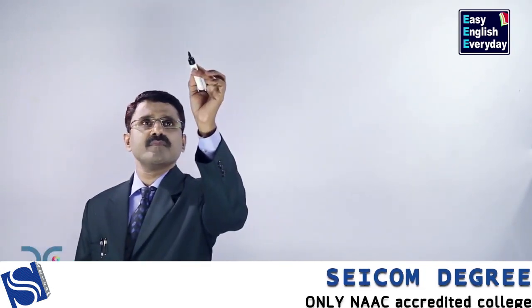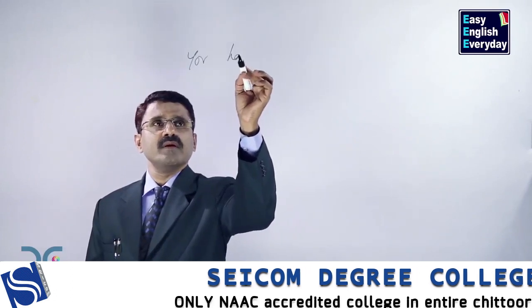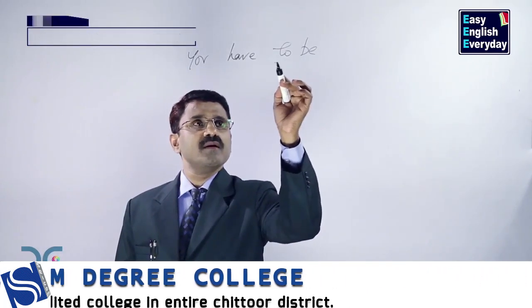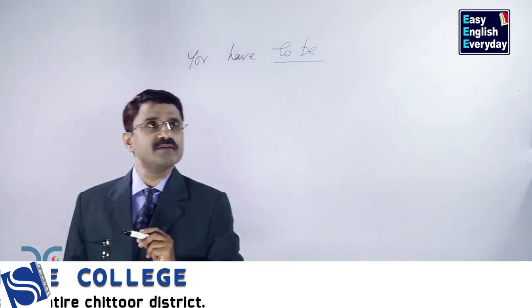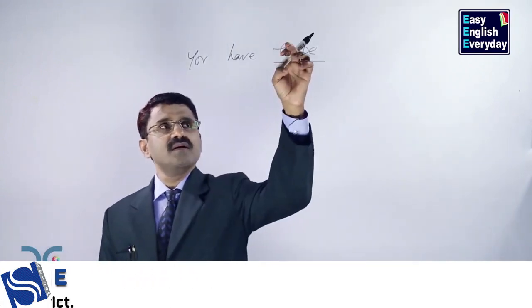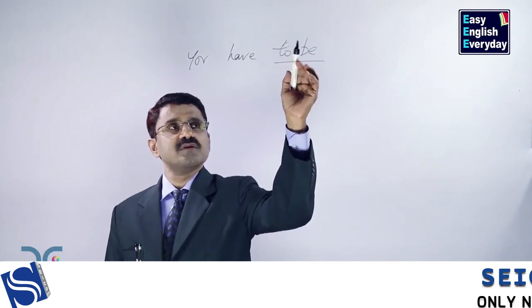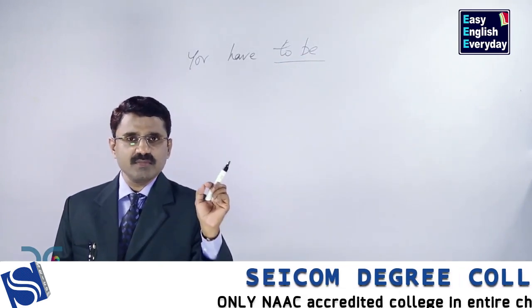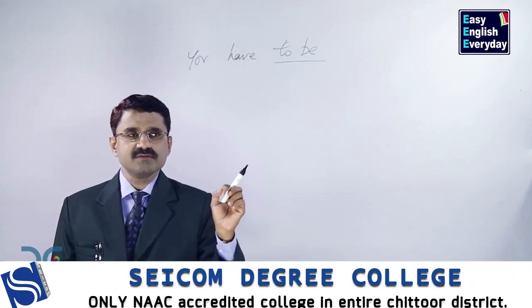Now just take a look at these sentences. It is almost the same but with a small twist. Have you found any difference here? In the earlier examples, we used to plus the base form of the verb, to come, to go, to read, to write.